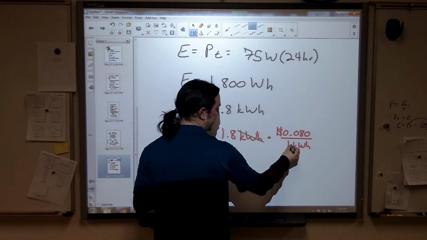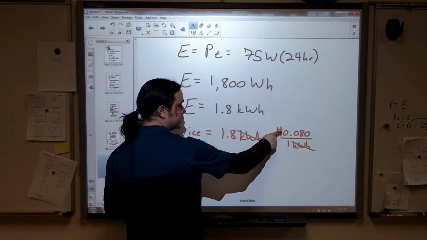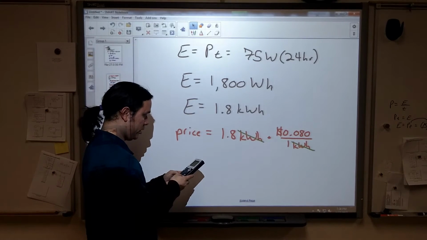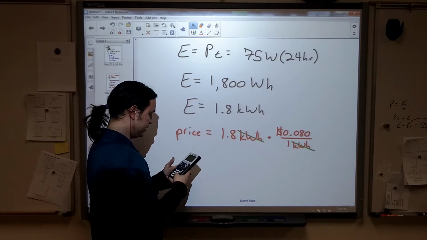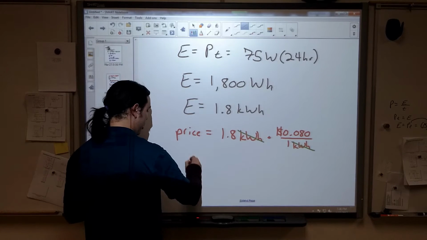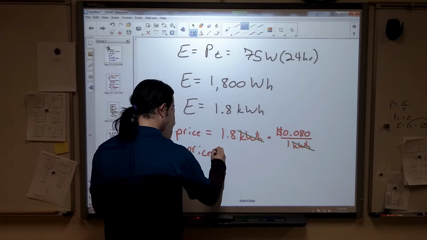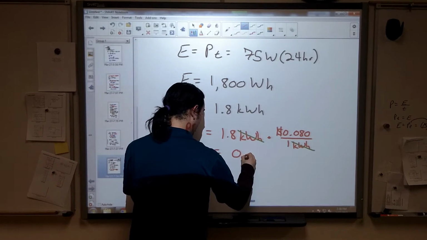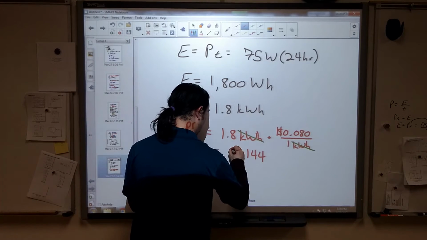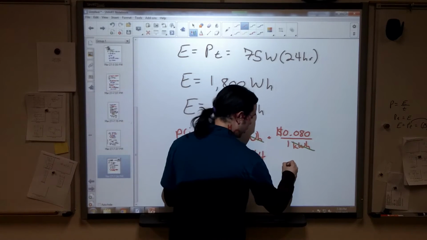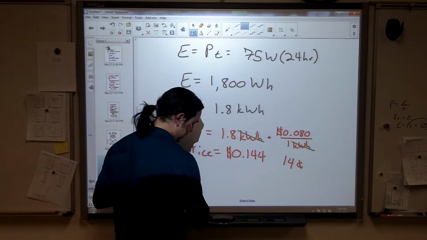The kilowatt hours cancel out, and I'm left with units of dollars. So I take 1.8 times 0.08, and I find that my price comes up to $0.144, or about 14 cents.